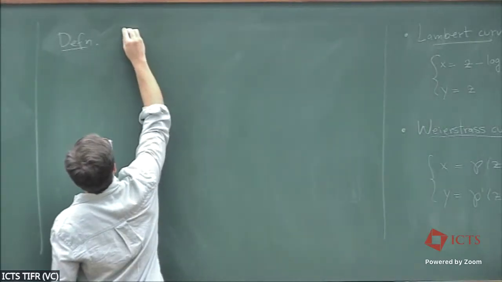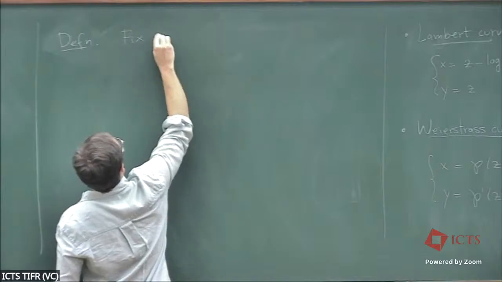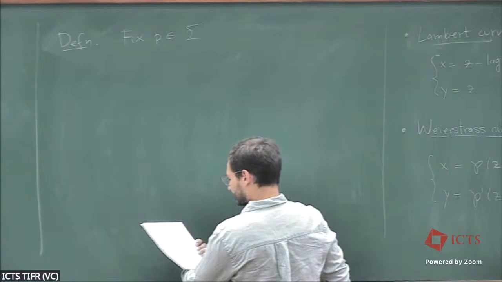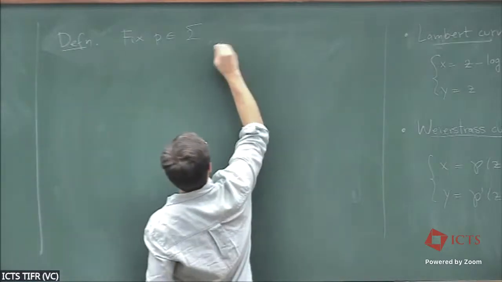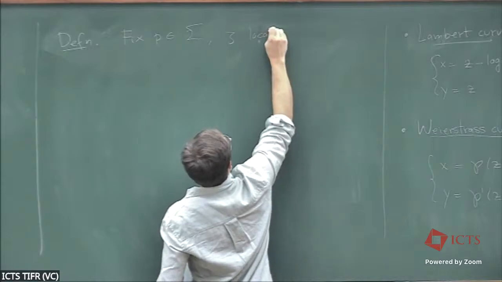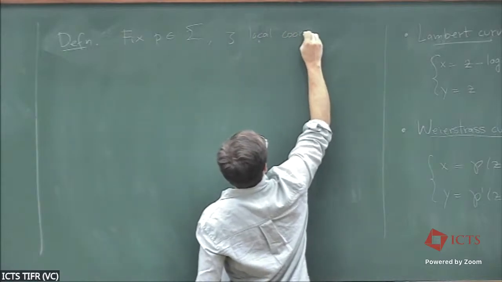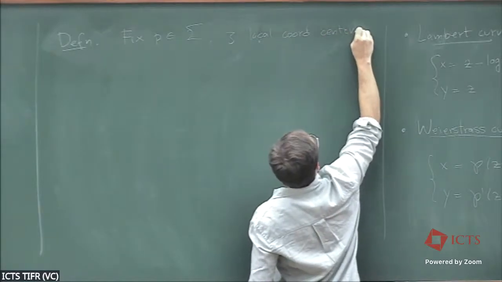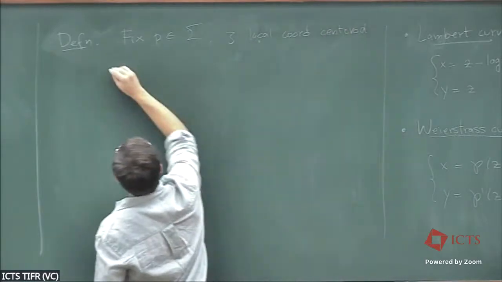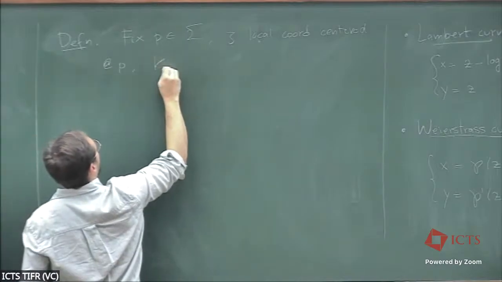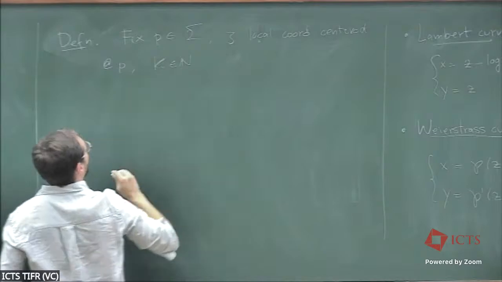So if you fix a point P on sigma, and zeta is a local coordinate centered at P, I'm going to define for every integer k the following differential.